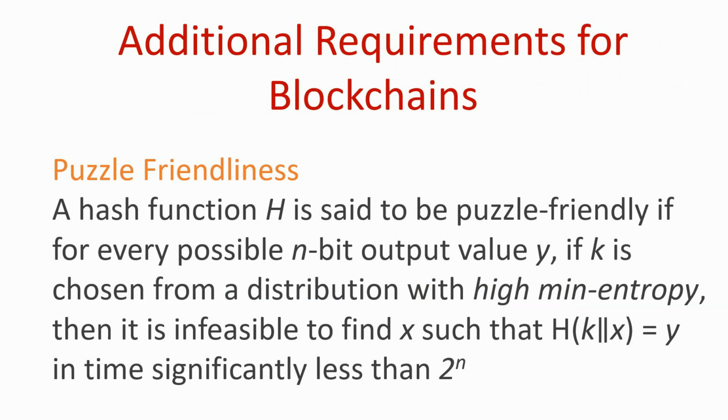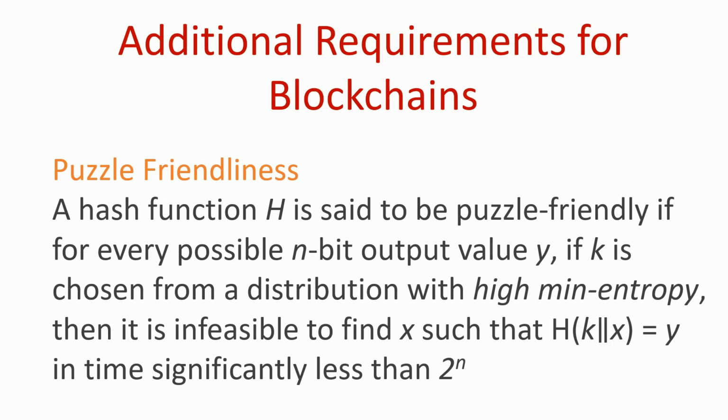The second requirement is called puzzle friendliness. So a hash function h is said to be puzzle friendly if for every possible n-bit output value y, if k is chosen from a distribution with high minimum entropy, then it is infeasible to find x such that h of k concatenated with x is equal to y in time significantly less than 2 power n.